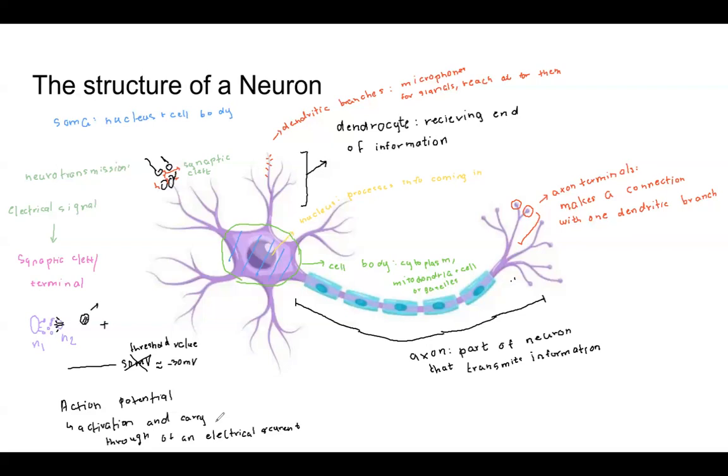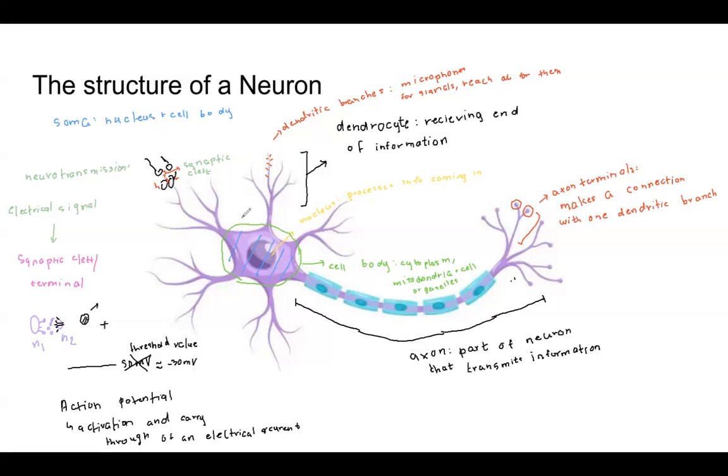Or it may just be sending another signal, right? It may send a signal that tells another neuron to fire or another neuron to not fire. So that whole cycle repeats over and over again until you reach your final outcome.